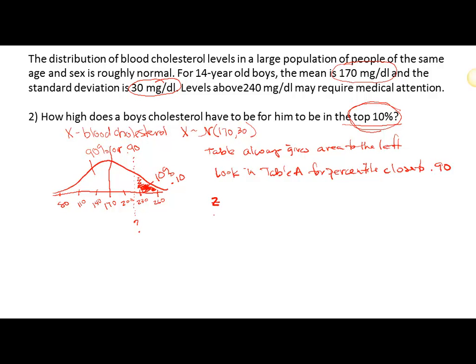So back here, my Z then is 1.28, and I know that a Z score is calculated by taking an X value, subtracting the mean, which in this case is 170, and dividing by the standard deviation, which in this case is 30. So now I have an equation with just one unknown value, and I can go ahead and solve for X. I start by taking that 1.28 and multiplying it by 30.